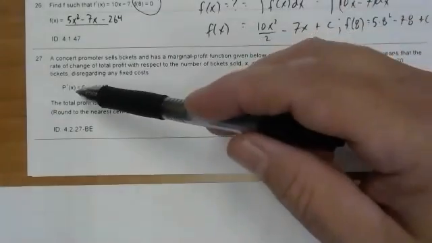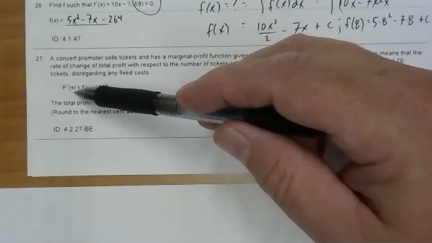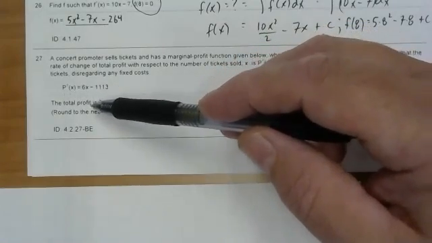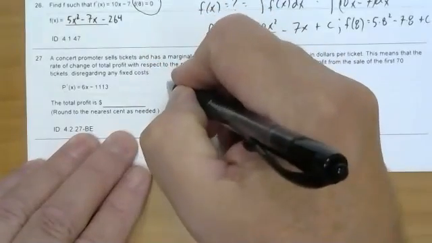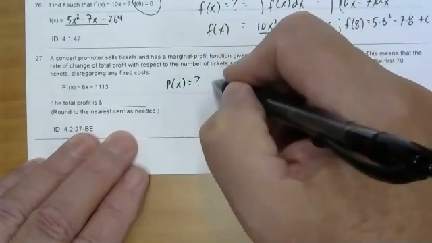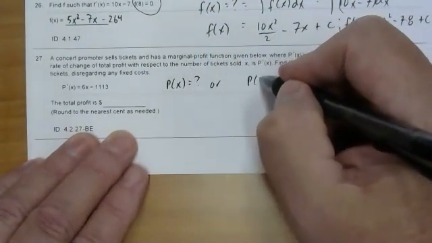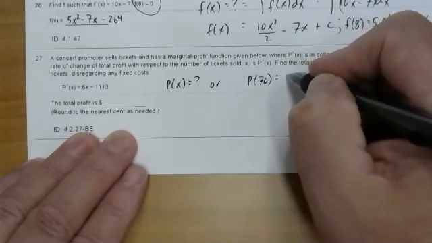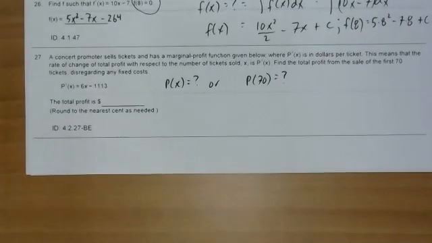So even though it's a story problem, you can tell this is like a first derivative. And what they really want to know is for 70 tickets.